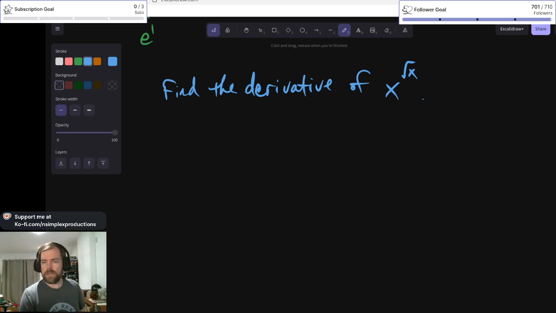So in this case, again, we want to say, in what way might we be able to make this a nicer function to take the derivative of? The issue with it standing right now is that it is both a power rule and an exponential rule at the exact same time.